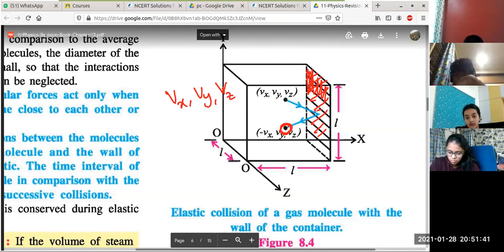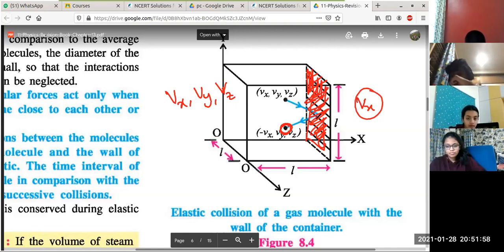Which component of velocity matters to us if you want to find the momentum change on this wall? X. Yes, vx, correct.